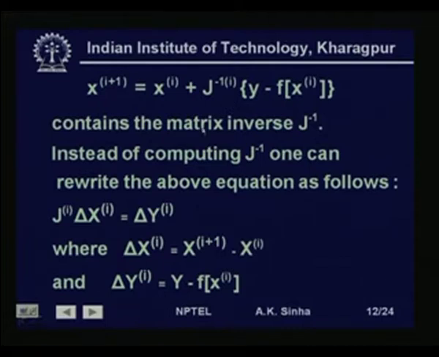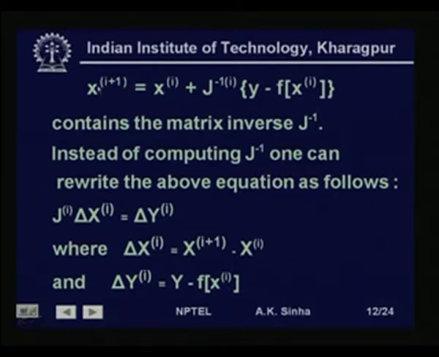So, in power system applications, we generally do not find the inverse of the matrix; rather, we try to solve it by using some other means. We will see how we do that. So, this equation contains the matrix inverse J inverse. Instead of computing J inverse, one can rewrite the above equation as follows. That is, this equation can be rewritten now.